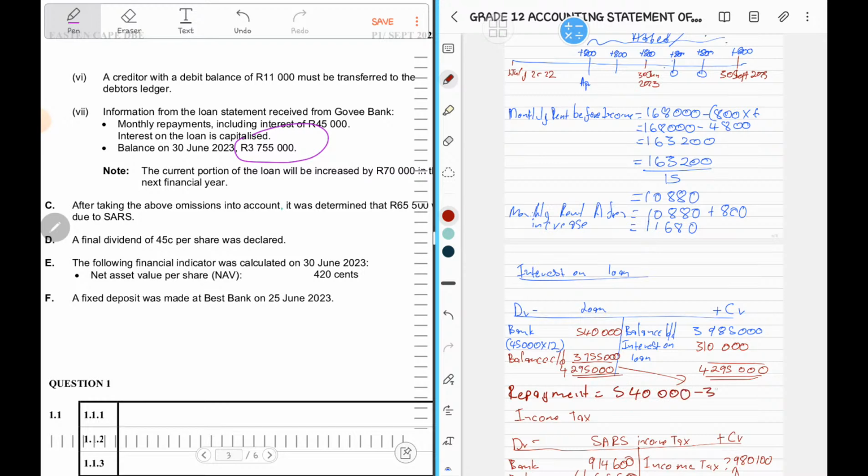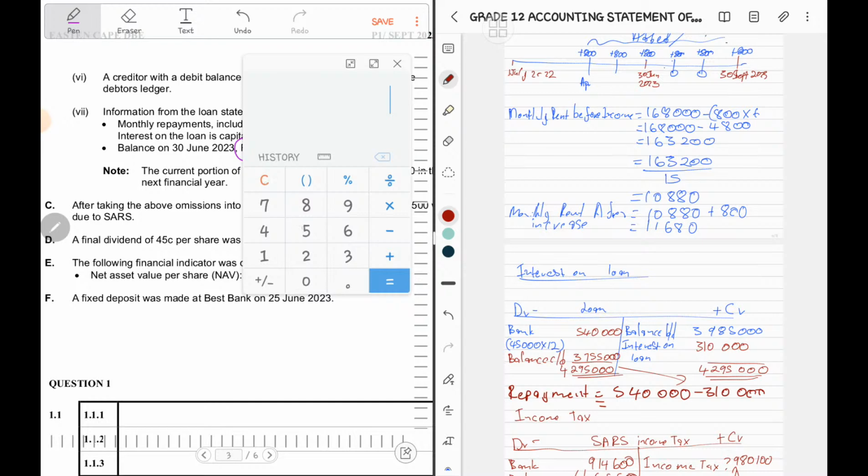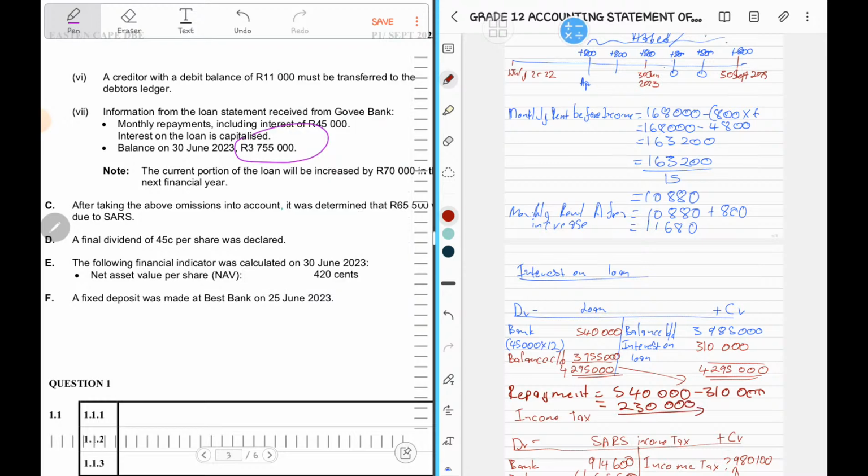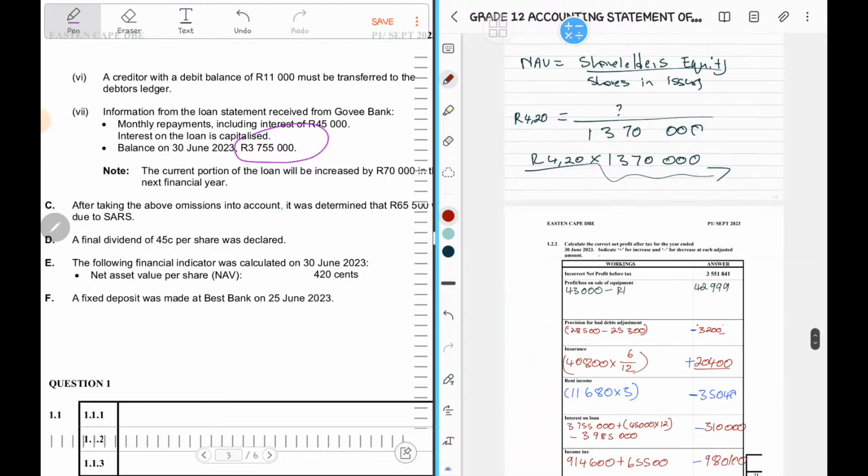Then we subtract the interest of 310,000. That gives us how much? So we're going to say 540,000 minus 310,000. That gives us 230,000, meaning that this year the current portion of loan was 230,000.